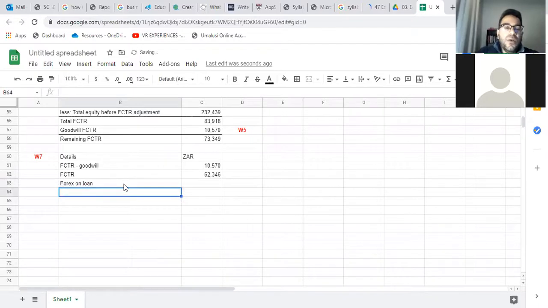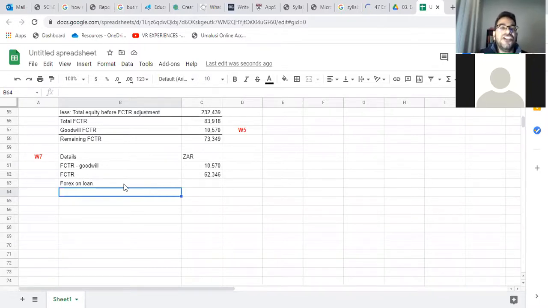The only reason why we're bringing the Forex on the loan is because from an accounting perspective, this loan is considered to be part of the investment. And the reason why the loan is considered to be part of the investment, because there is no stipulated repayment date. So accounting is saying because there's no stipulated repayment date, in substance, the loan is not a loan.